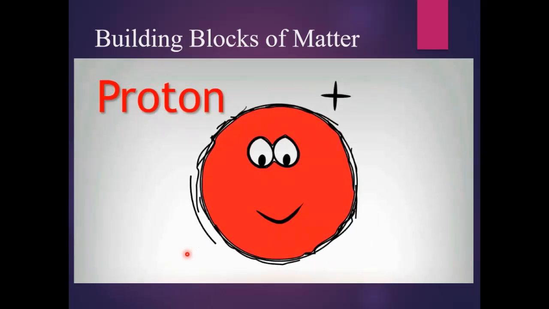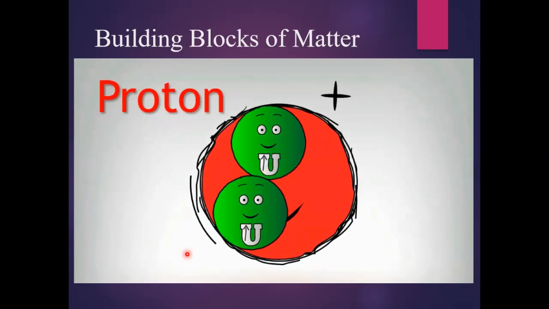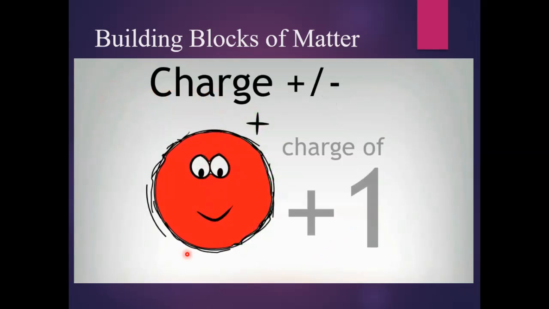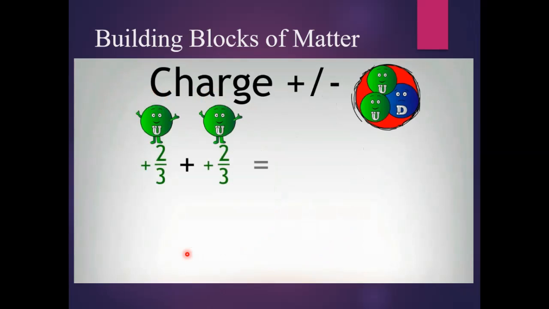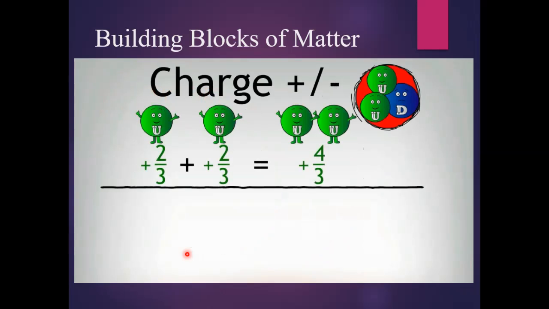The proton was found to be made of two up quarks and one down quark. Now, we know that the charge of a proton is plus 1. If we look at this in terms of the fractional charges given to quarks, one up quark would have a charge of plus 2/3, so two up quarks would have an overall charge of plus 4/3.